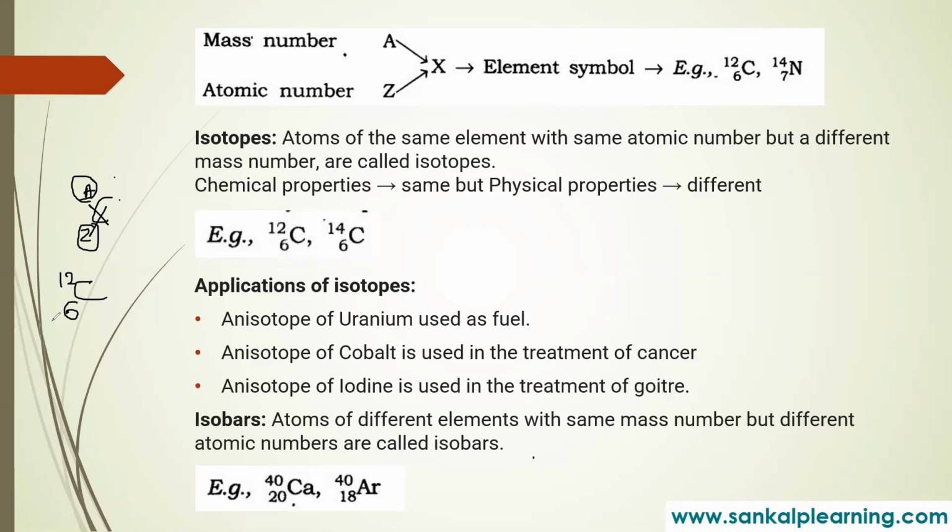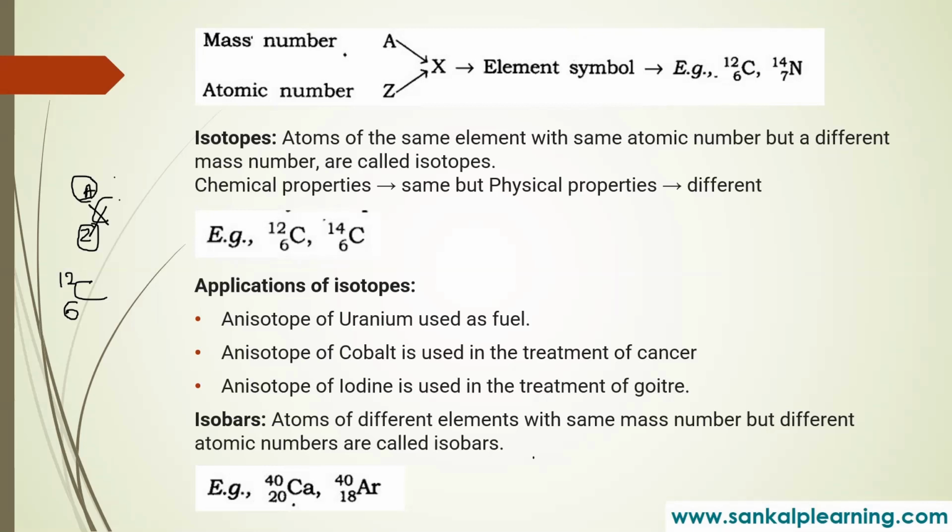Now I told you how to do that. I hope you understood. This is how we can represent any element. Then next, the last concept is isotopes. In nature, we have a number of atoms.